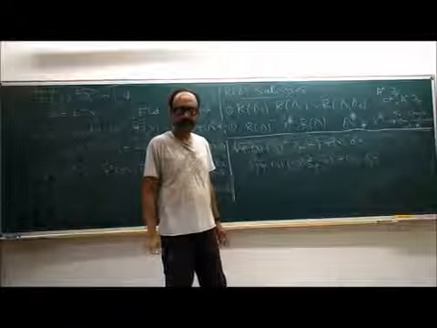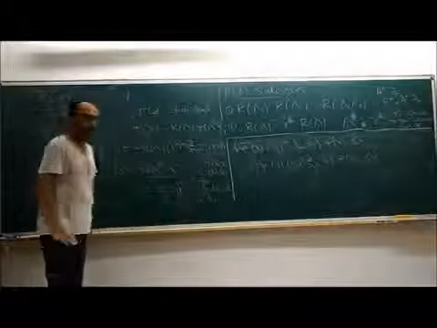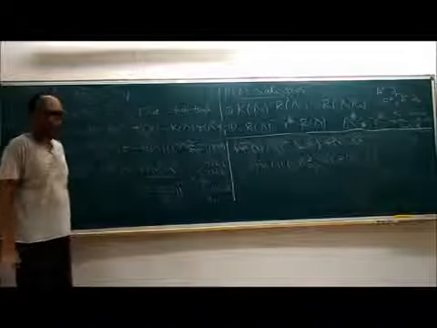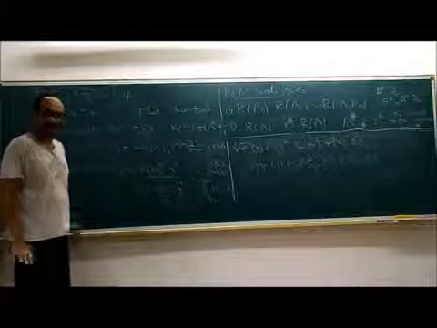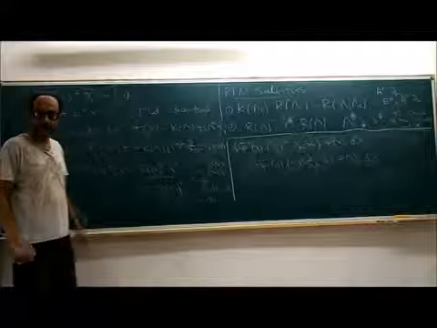Is this okay? The idea is that exactly the same manipulation you can use to show the local Lorentz invariance of the Dirac action in curved space.